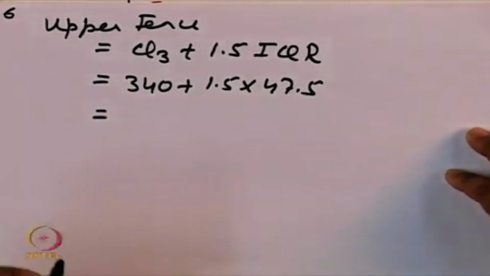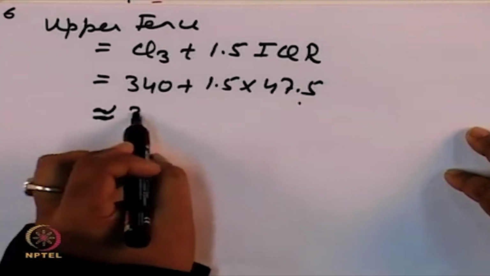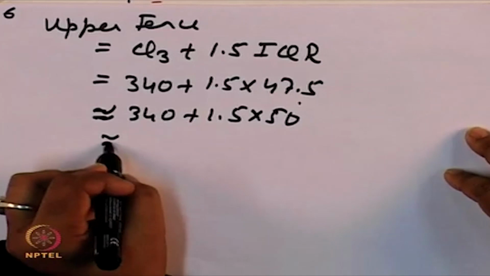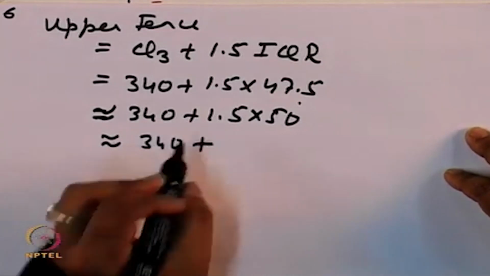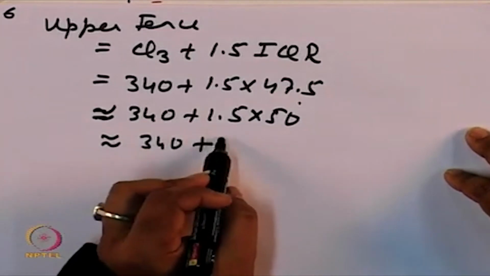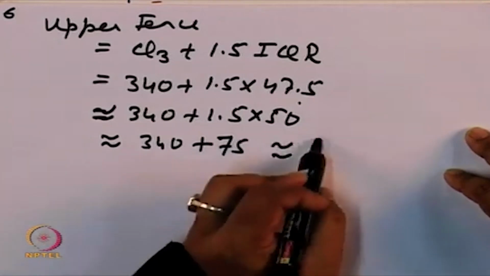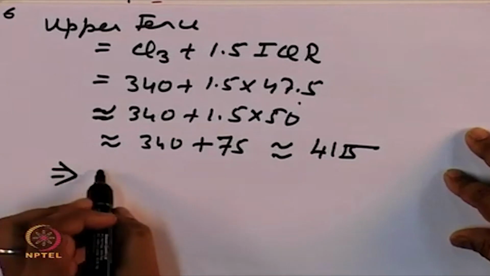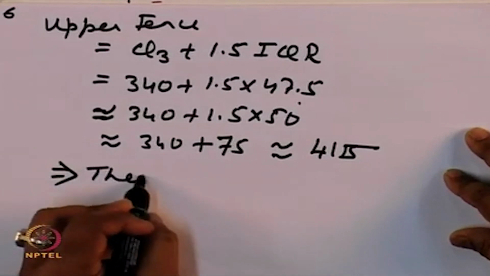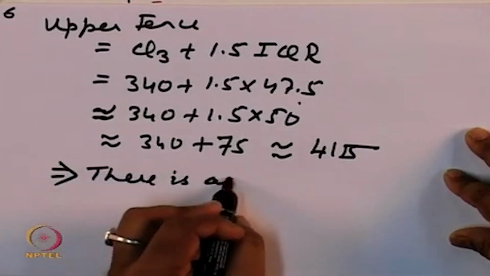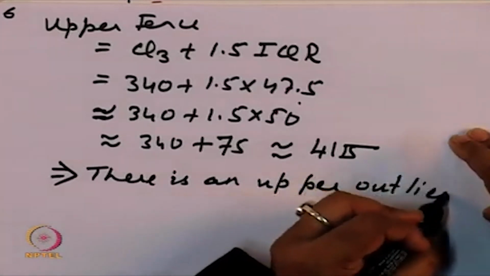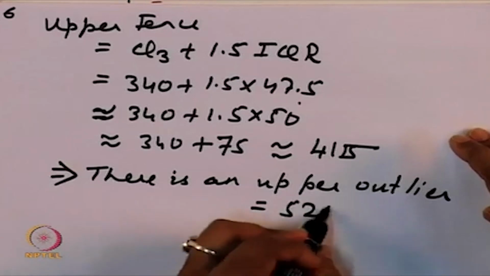So if I assume this as 50, this is approximately 340 plus 1.5 times 50, so approximately 340 plus 75, which is roughly 415. So this implies that there is an upper outlier, and the value is equal to 520.